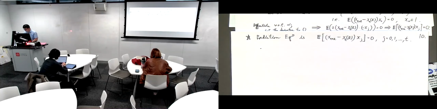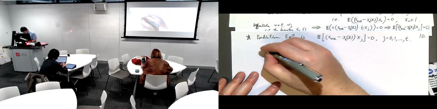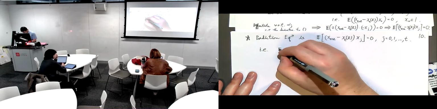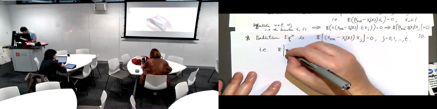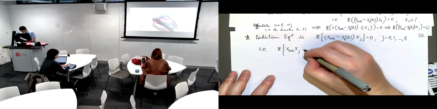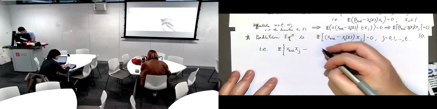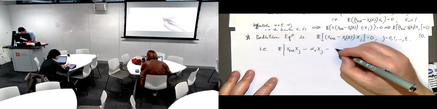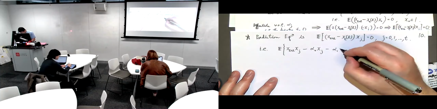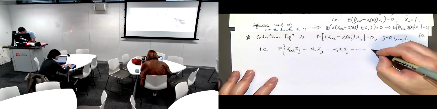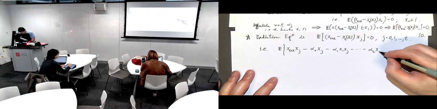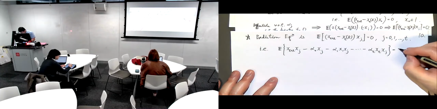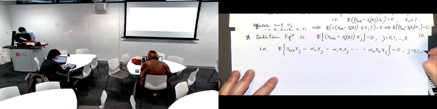If you write all these equations down, this, and then minus alpha_0 X_j, minus alpha_1 X_1 X_j, minus alpha_t X_t X_j, that's 0 for j from 0, 1 up to time t.